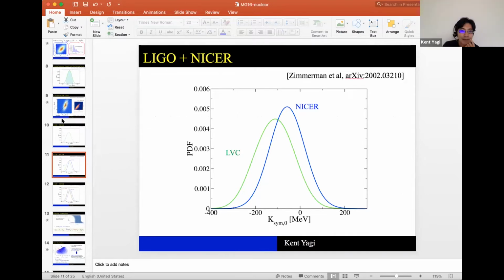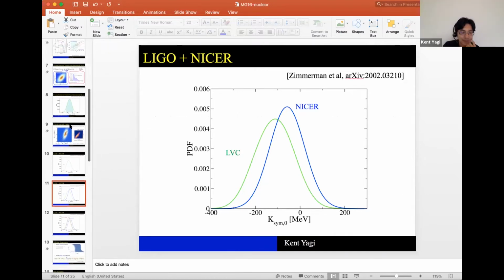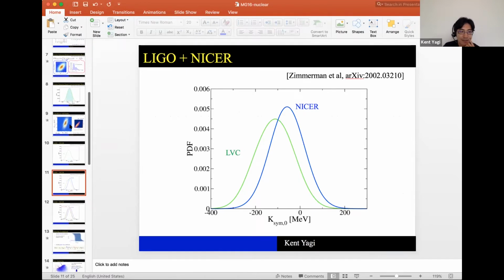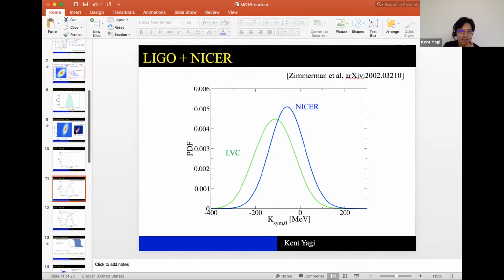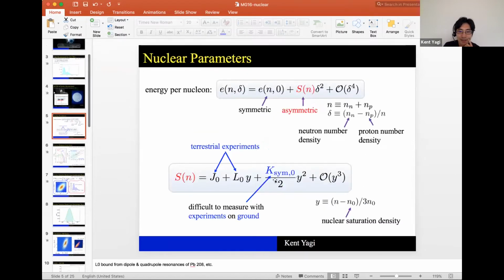Well, I'm not familiar with the PREX measurement, but my impression is that it's difficult to measure this K value. I think their measurement is more sensitive to these lower parameters like J0 and L0. And I don't recall any paper seeing bounds on K_sym using PREX, but I might be misremembering. But that's my impression.